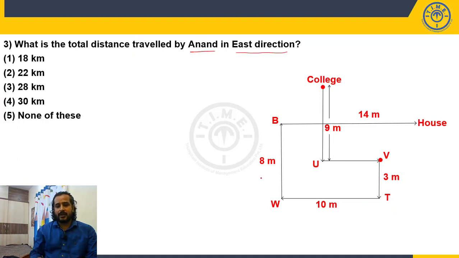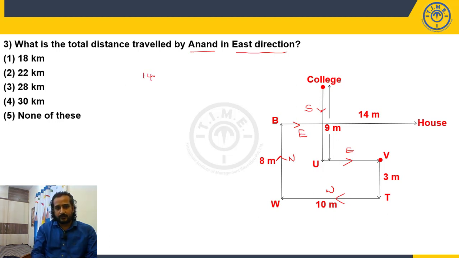What is the total distance travelled by Anand in the east direction? Based on these arrows, we can say which direction he is travelling. Here he is travelling south. He is travelling towards east. Now he is travelling towards west. He is travelling towards north. He is travelling towards east. So how much distance did he travel in total in the east?